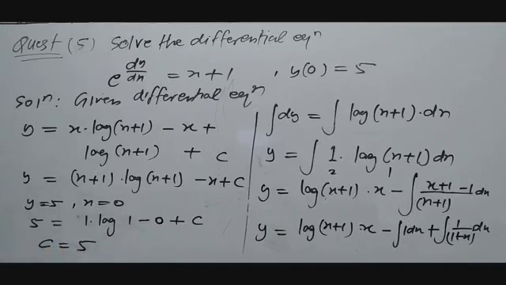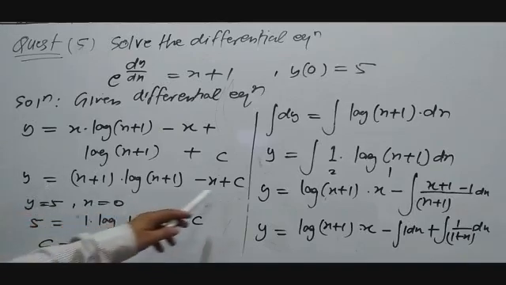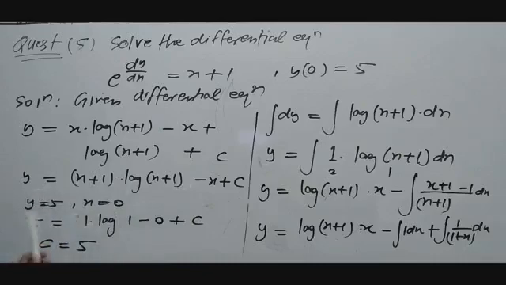C is 5. This is the general solution, and after solving at given values of x and y, you will get c, and after putting c in the general solution, you will get the particular solution. So see how you calculate the particular solution.